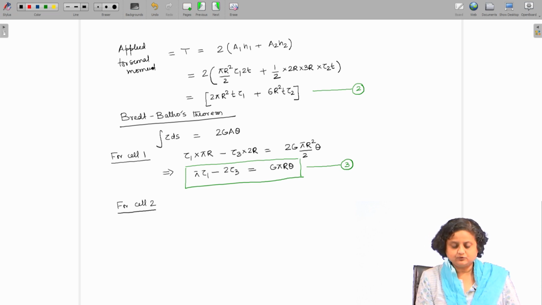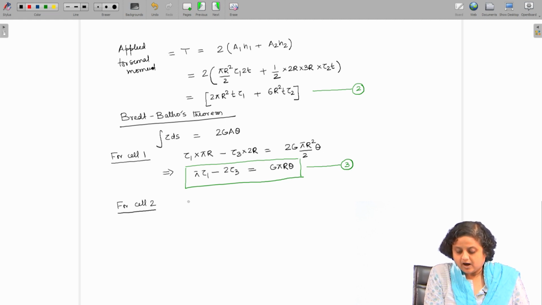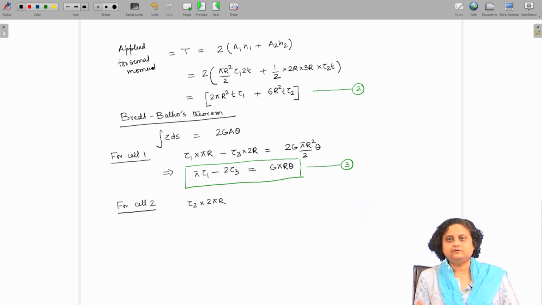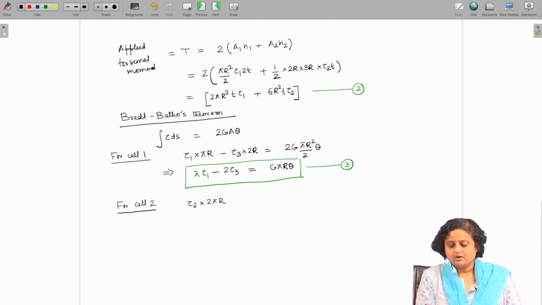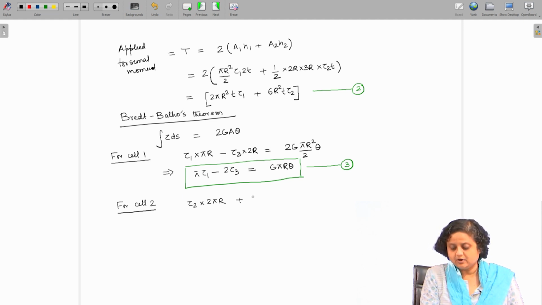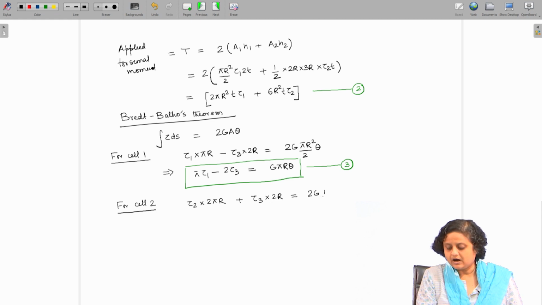Then we have tau 2 into 2 pi r, which is the entire length of portion 2, and then plus, because we are moving in the clockwise direction, tau 3 into 2r, is going to be 2 G into half of pi r square into theta.